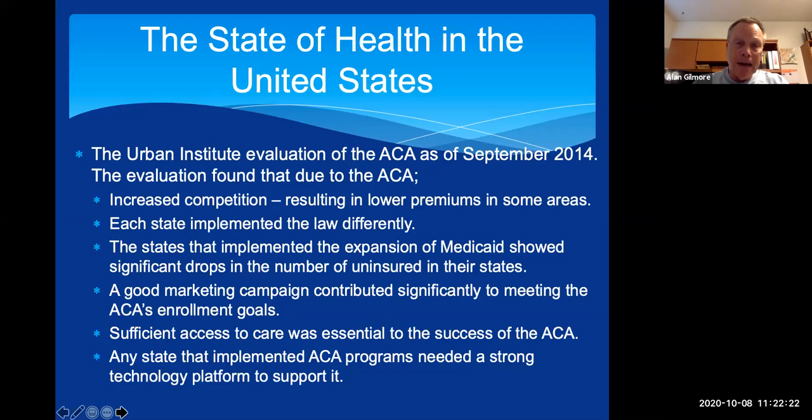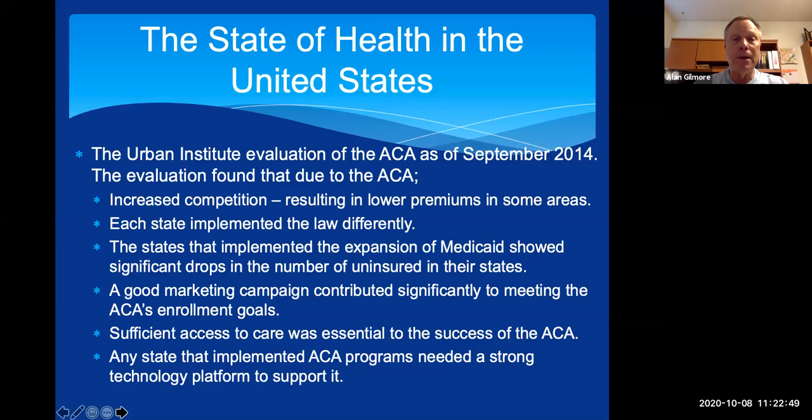So the Urban Institute, which is a research group specifically looking at policies and program implementation, conducted an evaluation of the Affordable Care Act as of September 2014. And the evaluation found that due to the Affordable Care Act, there was increased competition, which resulted in lower premiums in some areas.